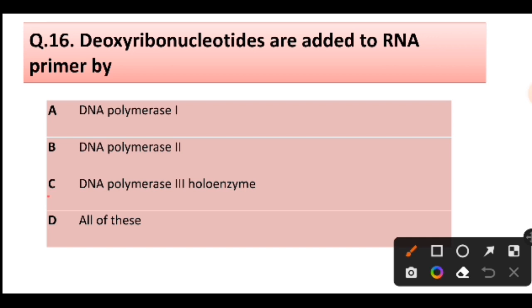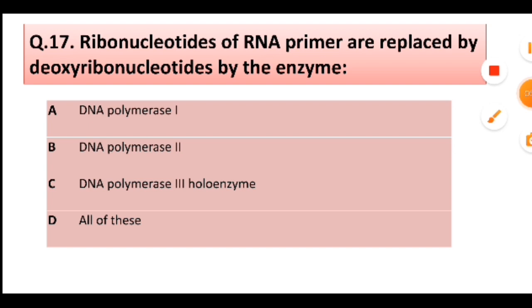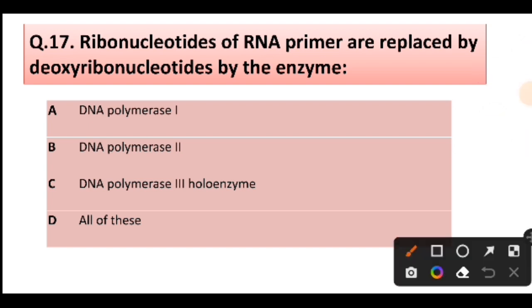Correct answer is option C, DNA polymerase 3 holoenzyme. Question 17. Ribonucleotides of RNA primer are replaced by deoxyribonucleotides by the enzyme DNA polymerase 1, DNA polymerase 2, DNA polymerase 3 holoenzyme, all of these. Correct answer is option A, DNA polymerase 1.